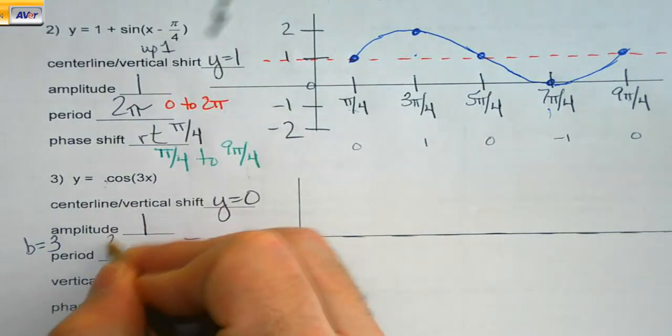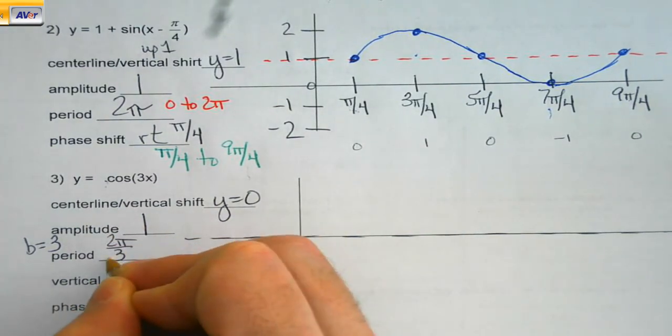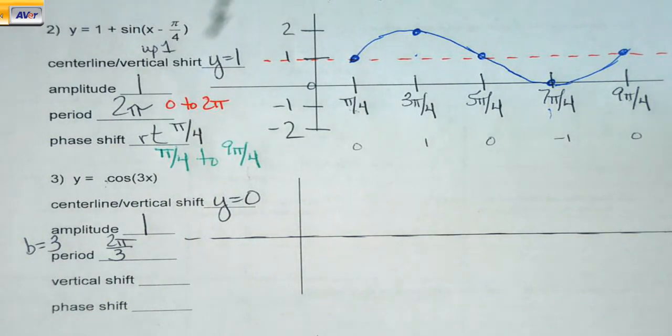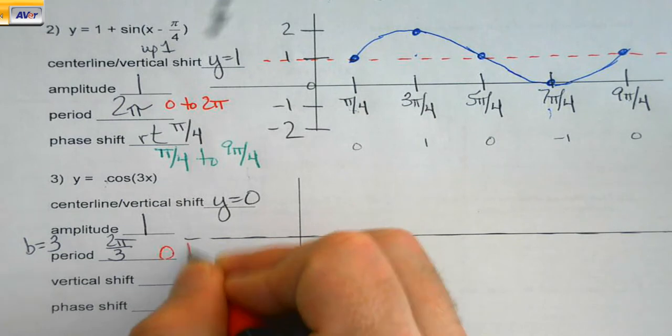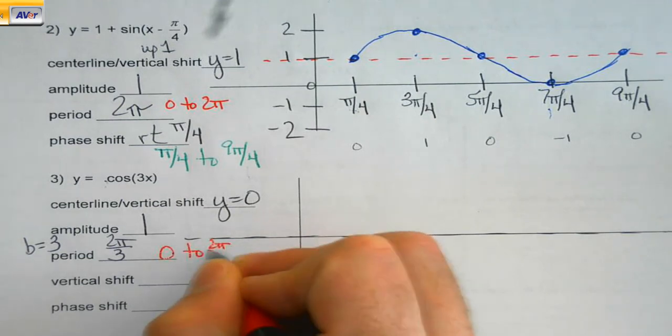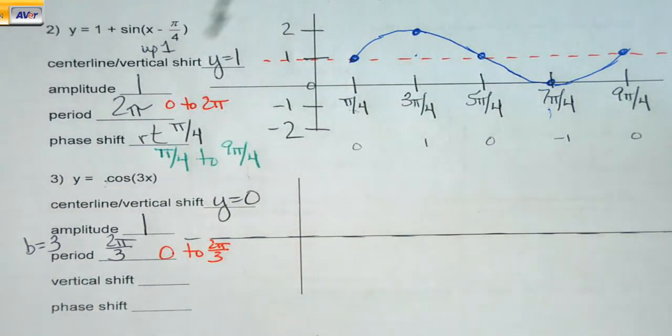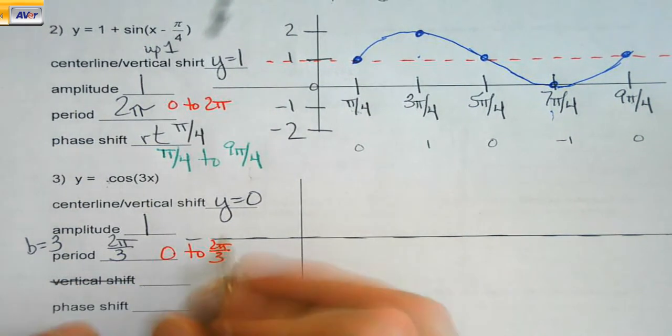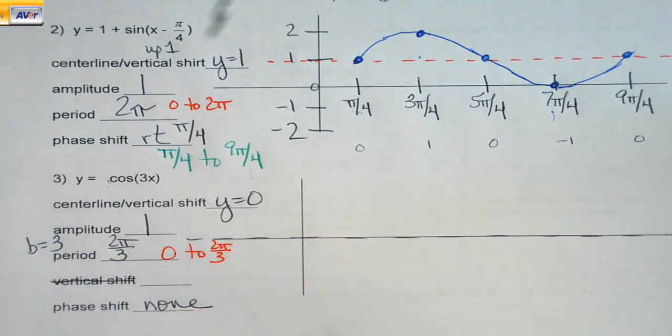So my period is going to be 2 pi over 3, which in this case is nice, because as I keep going, I'm like, hey, there's nothing else here that I have to worry about. Why I put vertical shift in here twice, I couldn't tell you. At least it's better than shirt. So we're not going to worry about that, and there is no phase shift.